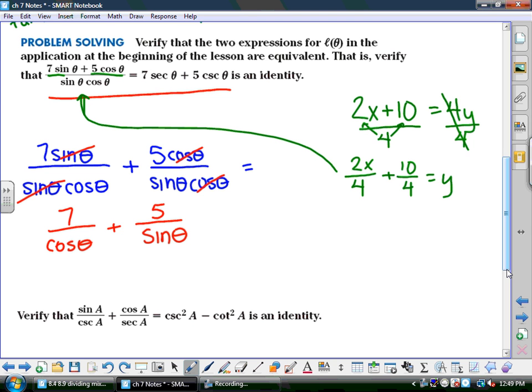And if you're ever stuck, what you want to do is look at what the other side looks like. The other side has a 7, but instead of 7 divided by cosine, it's 7 secant. Well, cosine and secant are reciprocals, so instead of dividing by cosine, that's going to be the same as multiplying by its reciprocal, multiplying by secant.